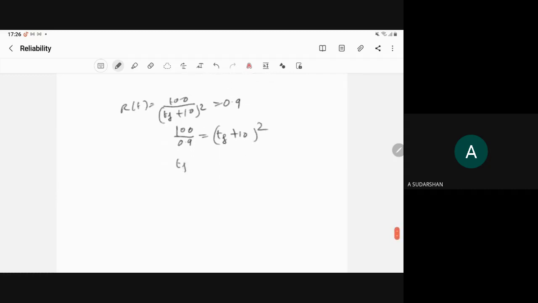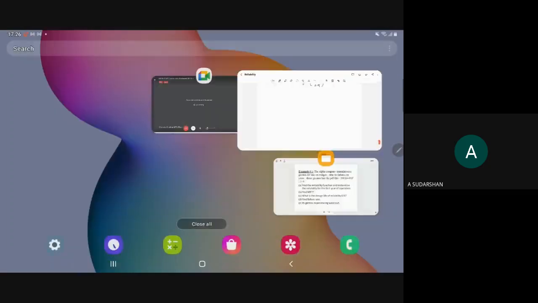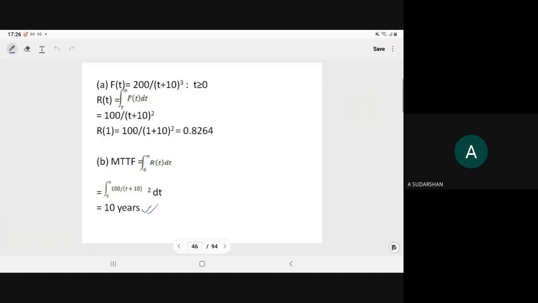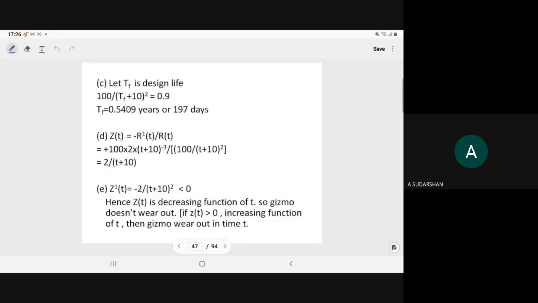So TF will be (100 upon 0.9) to the power 1 by 2 minus 10. That is the design life. So this will come as 0.5409 years or 197 days. Clear?